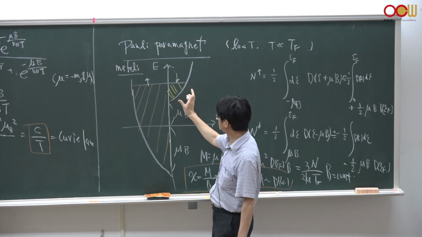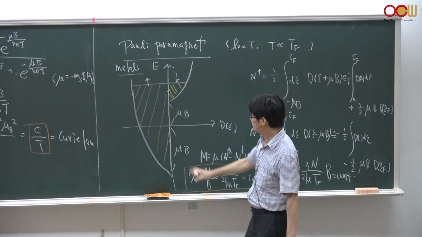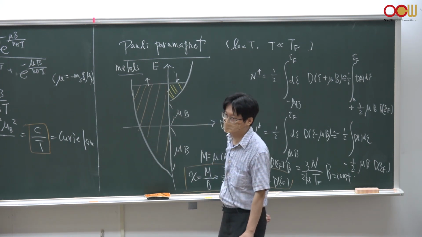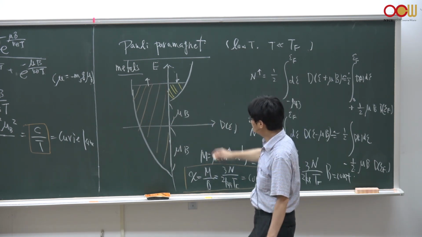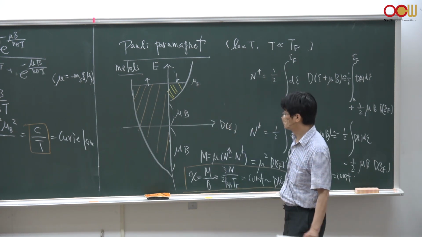So spin down electron bands get shifted upwards, while the spin up bands get shifted down. But the chemical potential is still the same. It doesn't change.